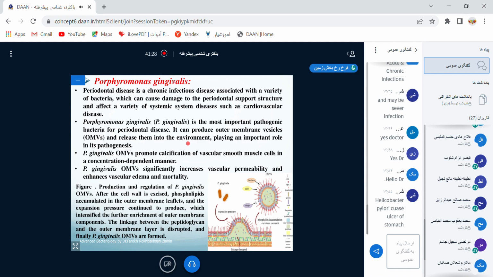When this bacterium produces these OMVs, they play an important role in its pathogenicity. So this OMV is a virulence factor for this bacterium.